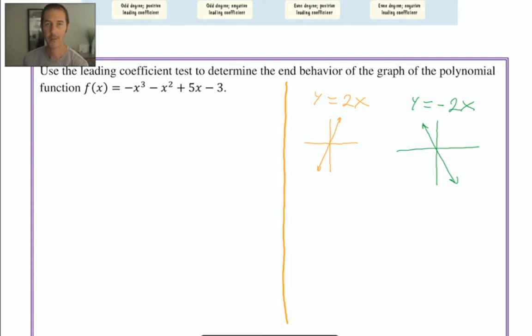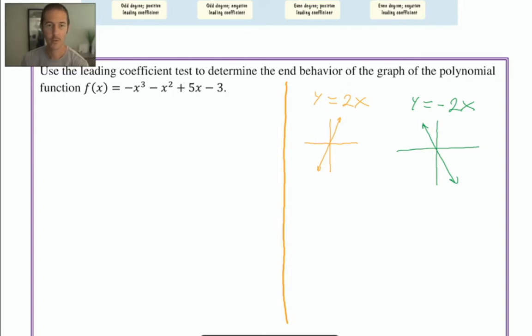Again, positive leading coefficient, odd degree polynomial, and you'll notice that it falls left and rises right. Good news. Every odd degree polynomial with a positive leading coefficient, just like this super simple graph, is going to fall left and rise right.